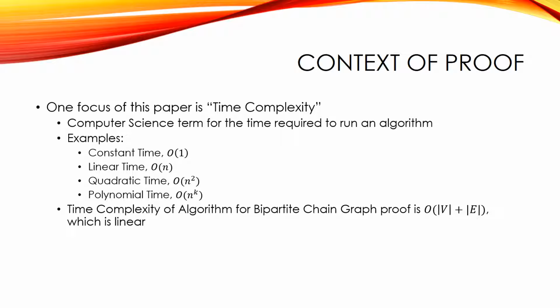So in the paper, there's a proof for the minimum chromatic sum that we just looked at, and then they use that proof as part of the proof that the time complexity of running this algorithm for a bipartite chain graph is O of the absolute value of V plus the absolute value of E, which is a linear time complexity. And that is the context of how the proof that we just looked at is used in this overall paper.